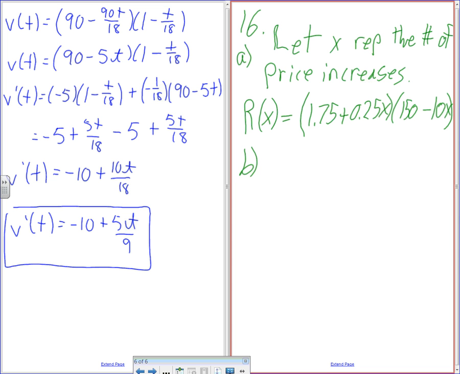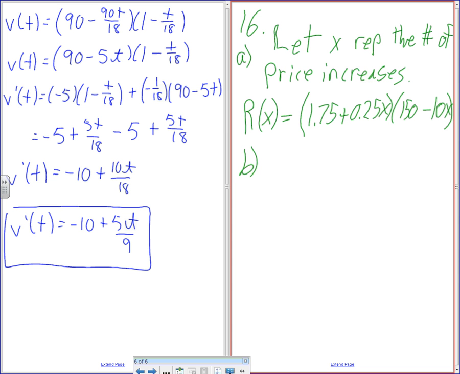It has to be a small number. Rate of change of revenue. Then once you get the number, we just find out what C equals.